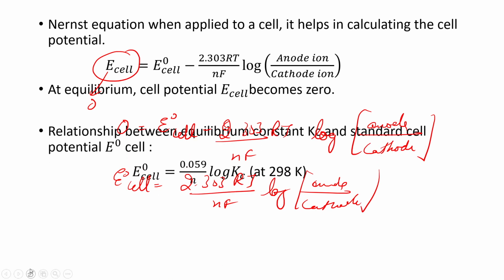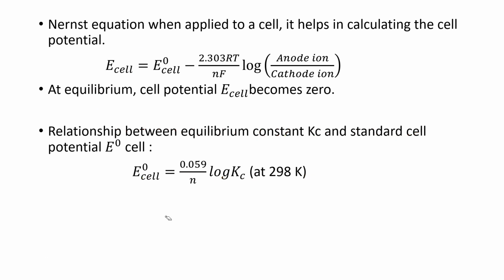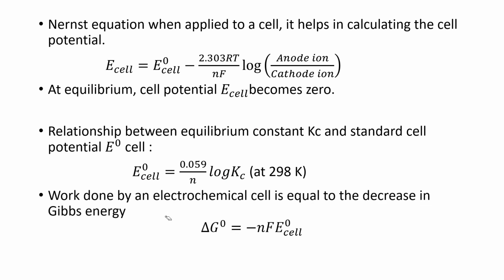This is the relationship at RT. From this you can also calculate the Gibbs energy, that is delta G is equal to minus NF E naught cell. If you put the E naught cell value in this, you can also calculate the delta G. We'll do some questions on this last equation in the further part of the video.